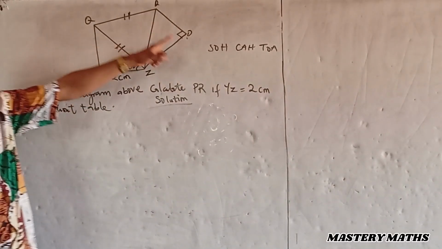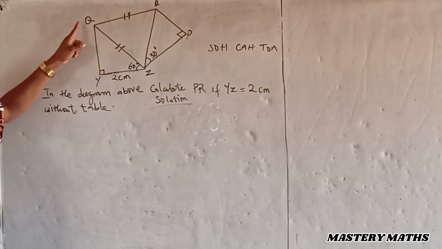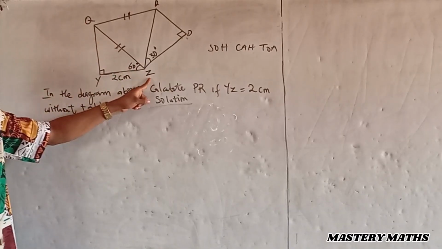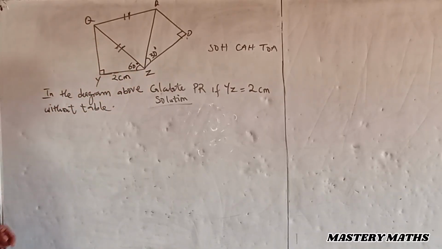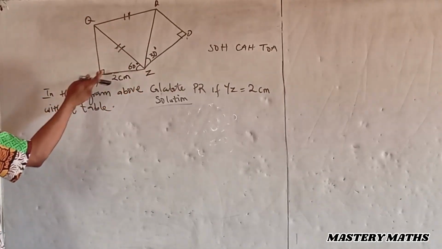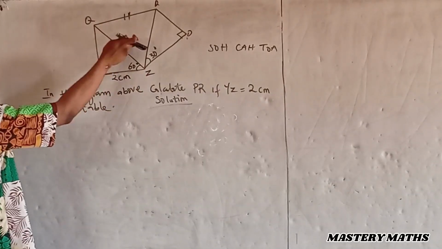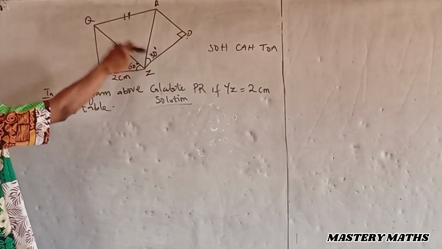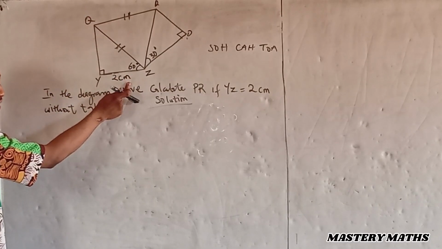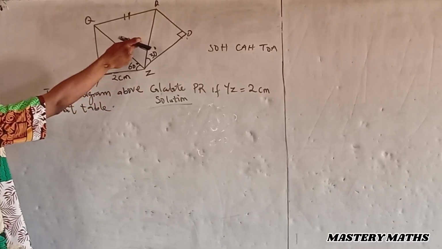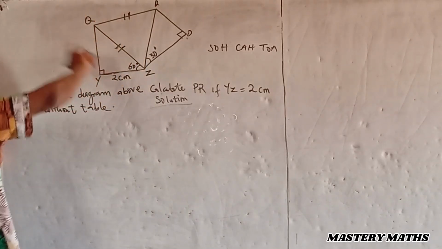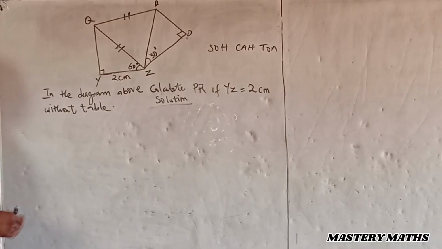Now, in order to look for PR, first of all, we need to look for QZ. Now, how do we get the QZ? Using the SOHCAHTOA. The QZ will be the biggest side, which is the hypotenuse, and we have the adjacent. These two will help us to look for the other angle, moving to the final one we want to look for.